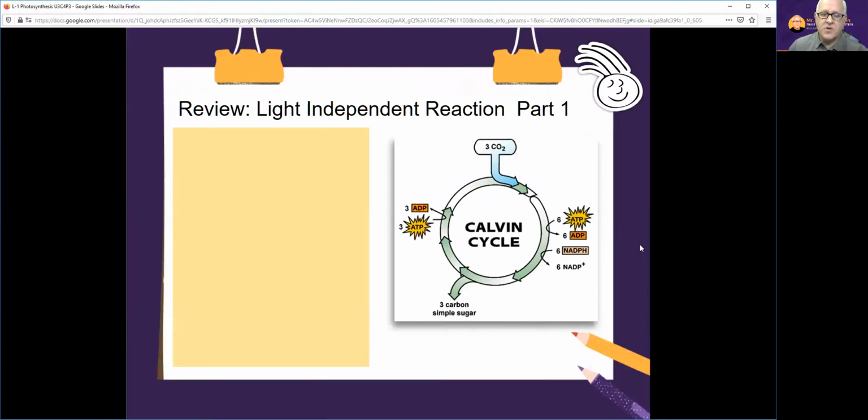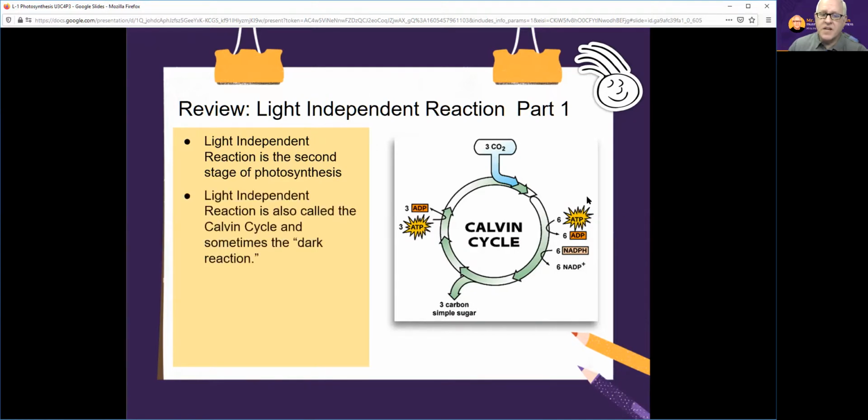Okay, let's take a quick review of the light independent reaction. The light independent reaction is the 2nd stage of photosynthesis. The light independent reaction is also called the Calvin cycle, sometimes referred to as the dark reaction.